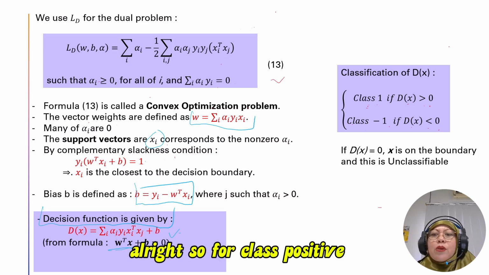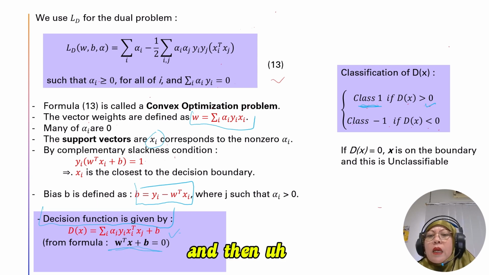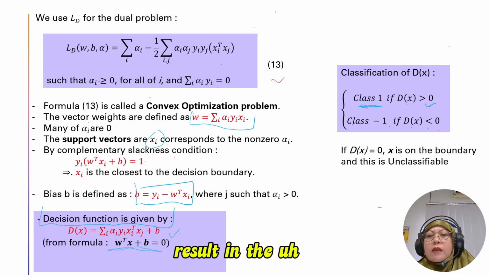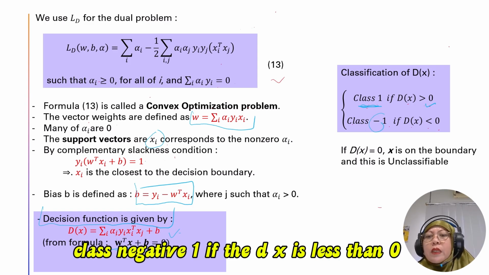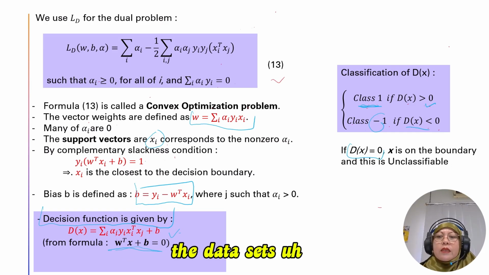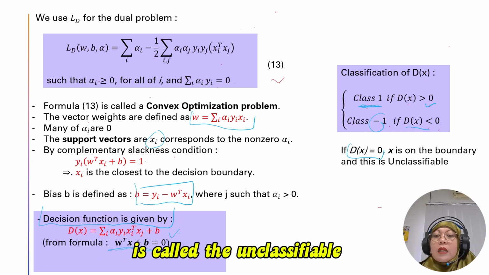So for class positive, d(x) should be greater than 0. And this one results in class negative 1 if d(x) is less than 0. Again, if d(x) equals 0, it means the data point is exactly on the boundary, and this is called unclassifiable.